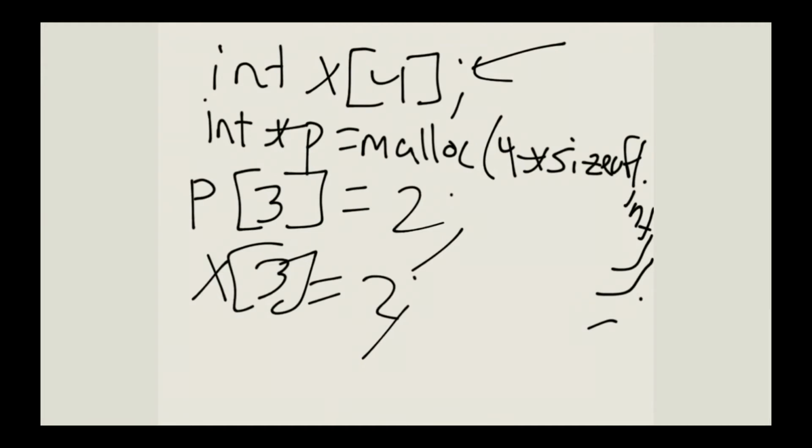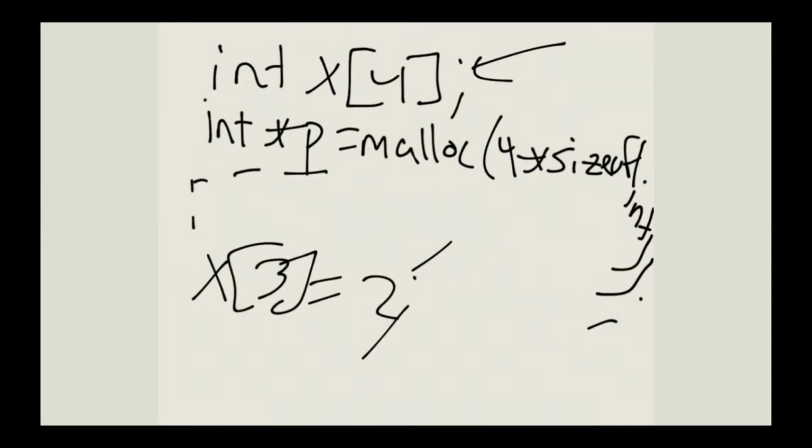So pointer arithmetic now. Yes. So do you not have to do star p if you have the brackets? The brackets are an implicit dereference. Okay. So this is actually also what you're saying with can you get multi-dimensional arrays with pointers.